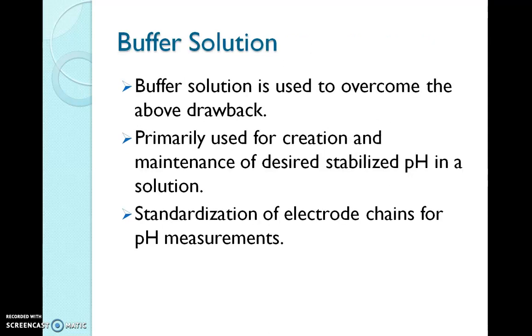Next we discuss the buffer solutions which are used in pH measurements. Buffer solutions are basically used for creation and maintenance of a desired stabilized pH in a solution, and second, for standardization of electrode chains for pH measurements.